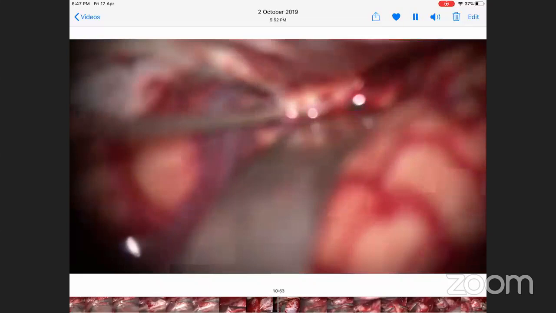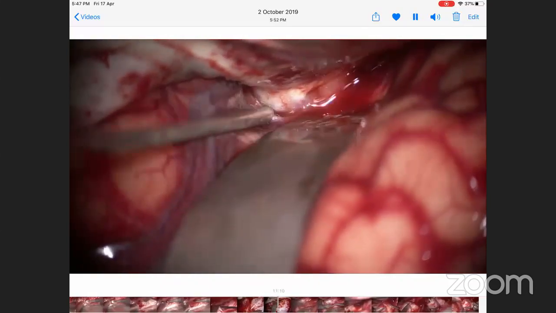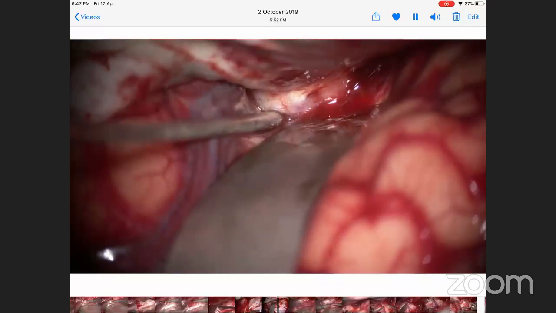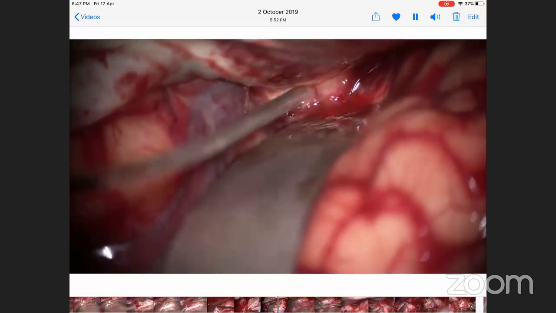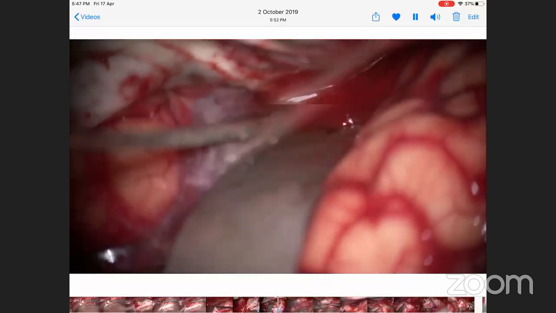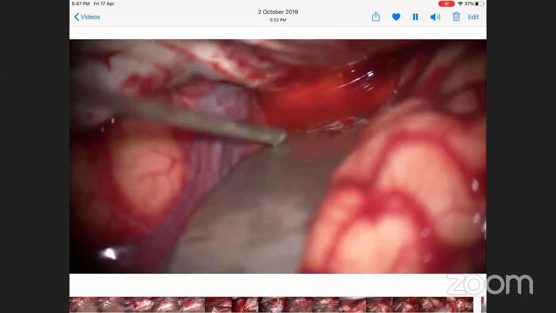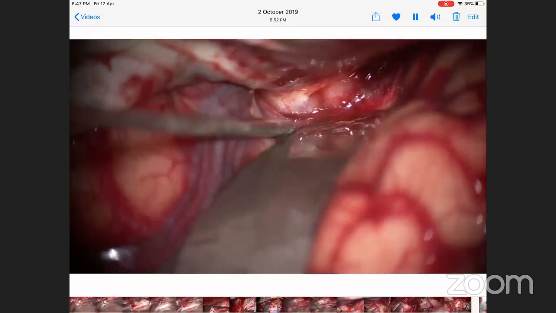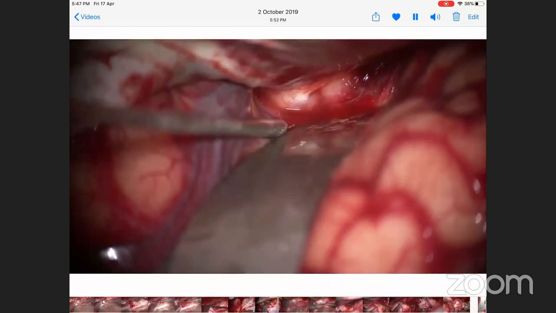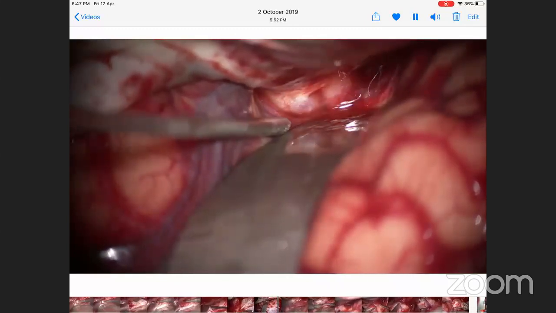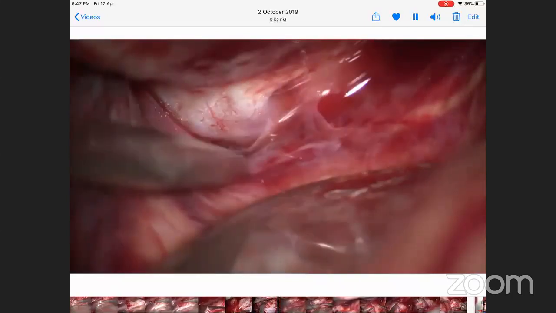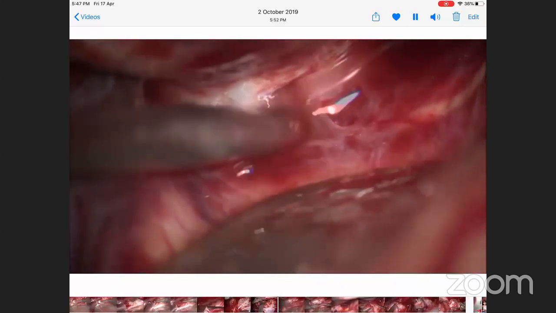Here we open the dura. And can you see the optic nerve now? Yes. Can you see the aneurysm? Lateral to the optic nerve is the aneurysm. Can you see that? Yes. So if you had not done your extradural clinoidectomy, the clinoid would be projecting out there and you would have had a lot of problems.